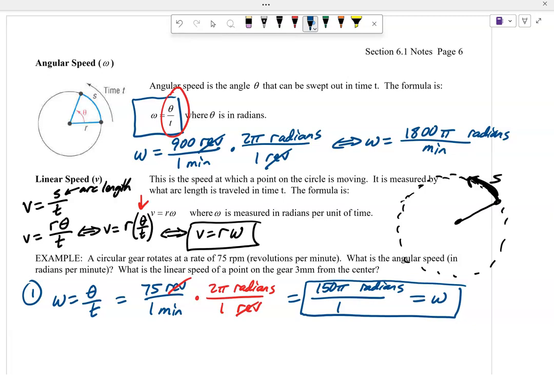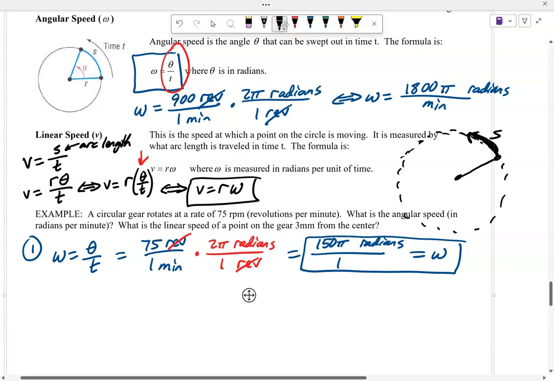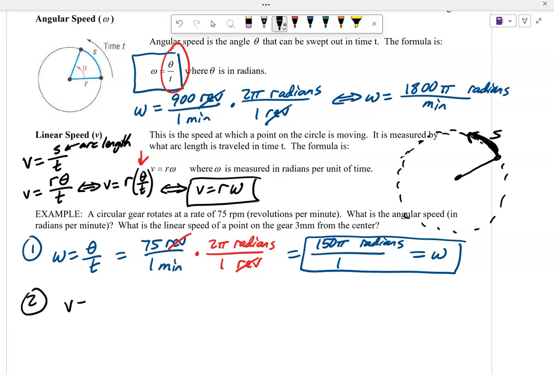So now there's our angular speed. Let's do the linear speed now. So we know our linear speed is the radius times our angular speed. And it says, what's the linear speed of a point on a gear that's 3 millimeters from the center, right?